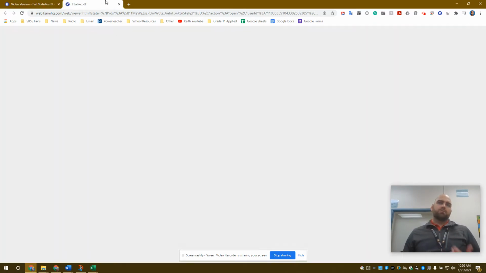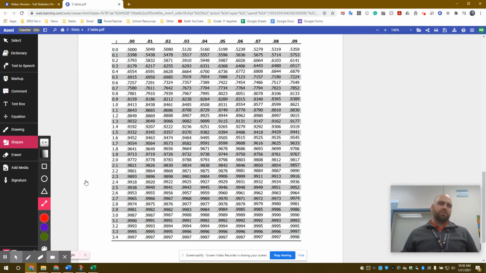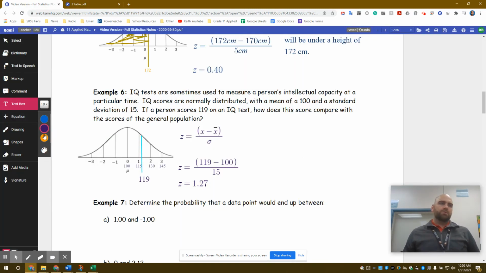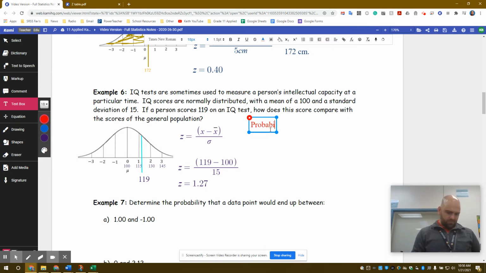Now, go to our Z-score table. We're going to look at 1.27. 1.2 is right here, and 7 is right here. And look at that, we get 0.8980.